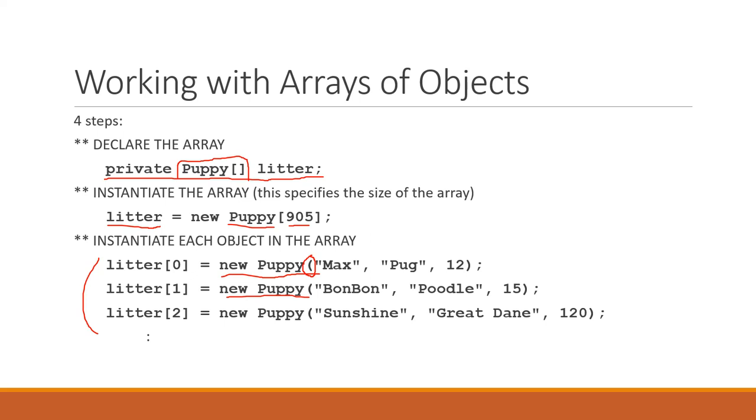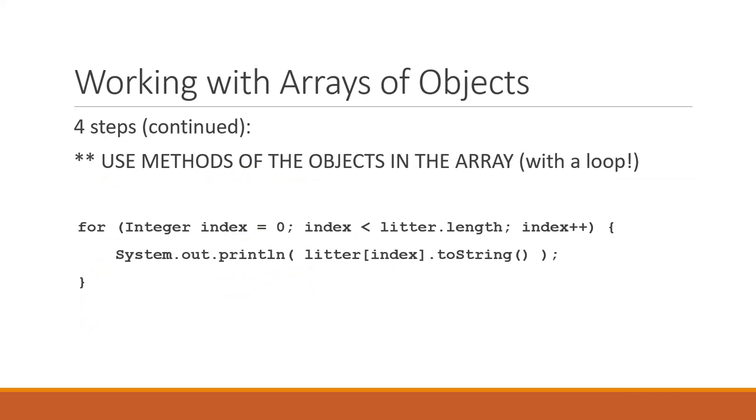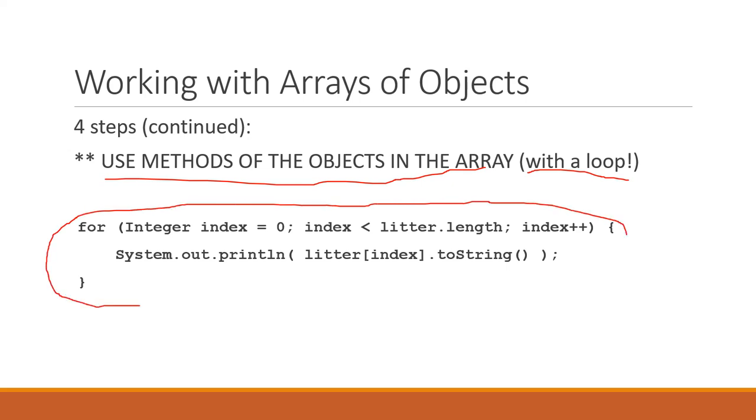So that's three of the 4 steps, and then once I have instantiated every element of the array, I can use methods of the objects with a loop. And this is where I get the power of arrays: here I can print the toString method for every element in the array by using this loop.